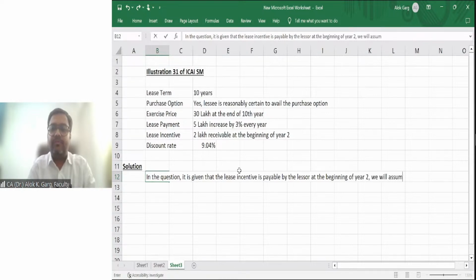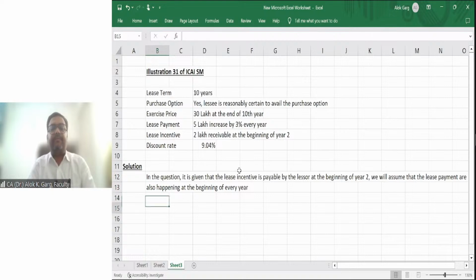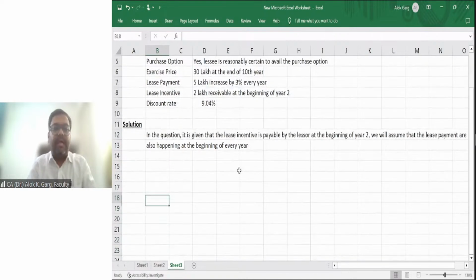We will assume that the lease payments are also happening at the beginning of every year.